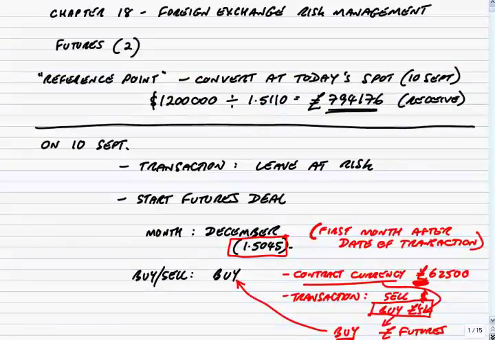We lost on the transaction, but we gained on the futures. In a perfect world, they would exactly cancel out. I said earlier, it's not perfect for two reasons. I'll write them down again in a moment. But we have, to a large extent, obviously, cancelled out that loss. We've used one risk to hedge against another risk.